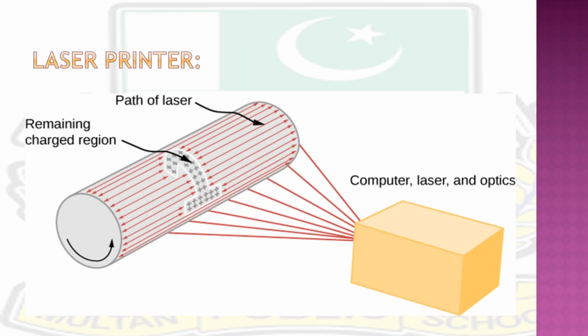Now students, here is another application of electrostatics, that is laser printers. Laser printers use the xerographic process to make high quality images on paper, employing a laser to produce an image on the photoconducting drum, as you can see here in the figure.